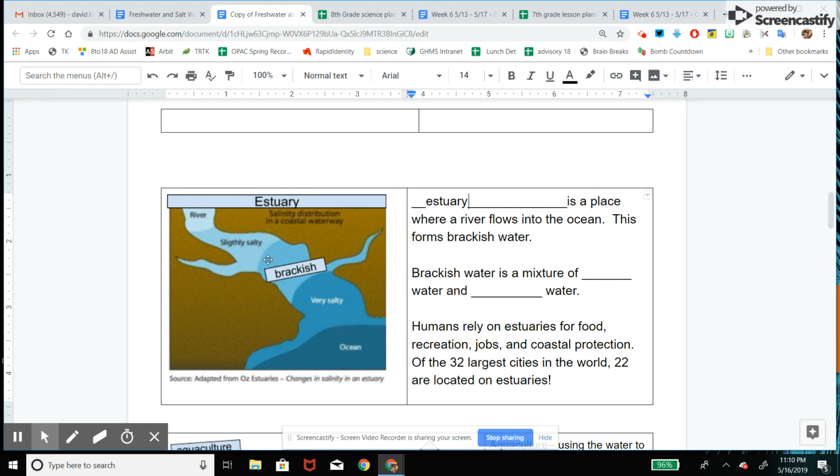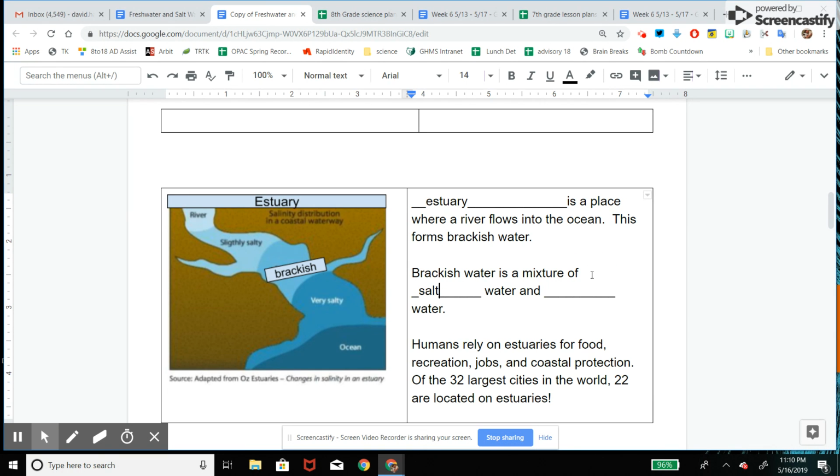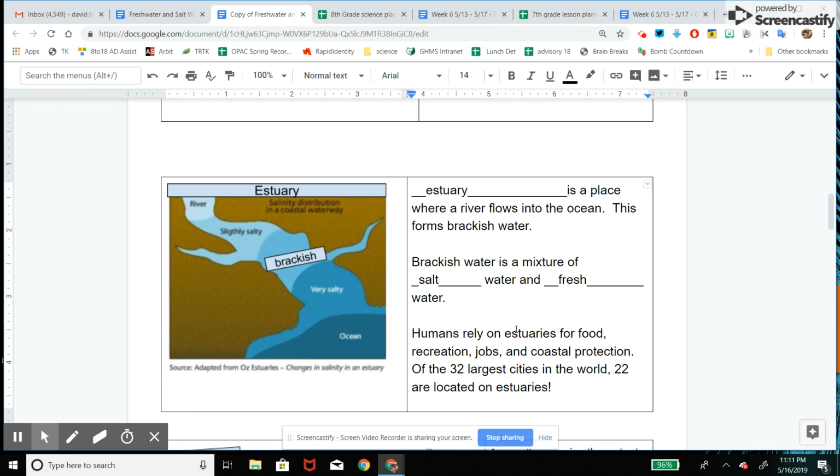It's just an estuary. Slightly salty, a little less medium kind of salty, and very salty, and then the ocean's even the most salty. So this is the area in an estuary that is claimed to have brackish water, where it's a mixture of salt water from the ocean and fresh water from a river. One interesting thing to know, if you think about an estuary, how important it is: humans rely on estuaries for food, recreation, jobs, and coastal protection.